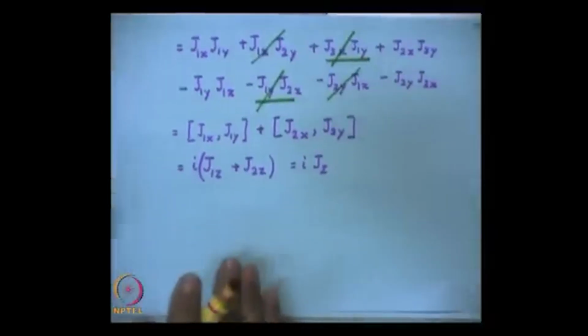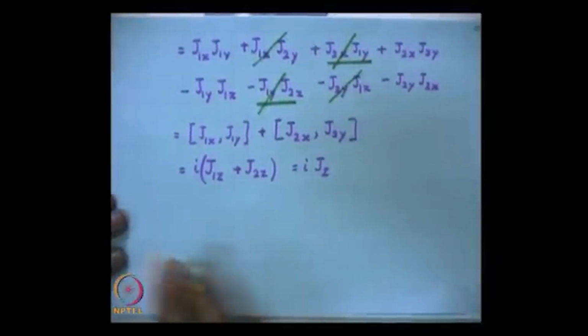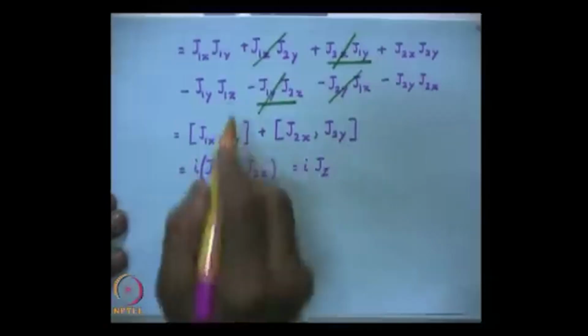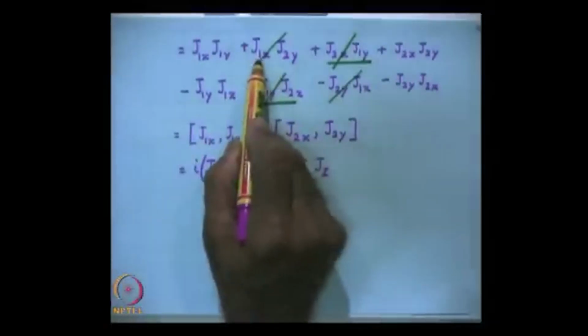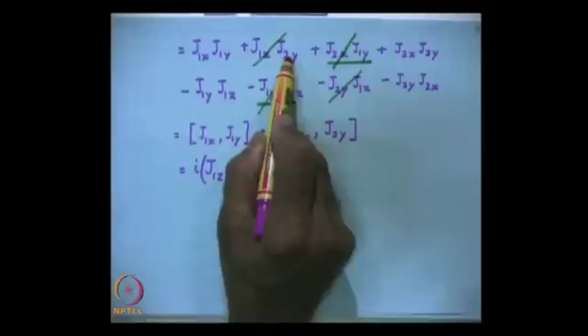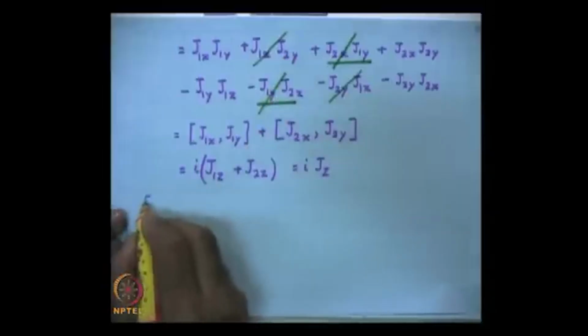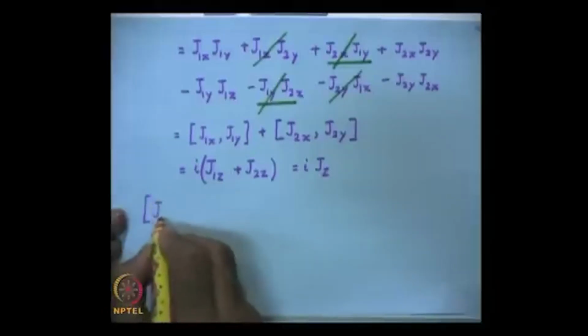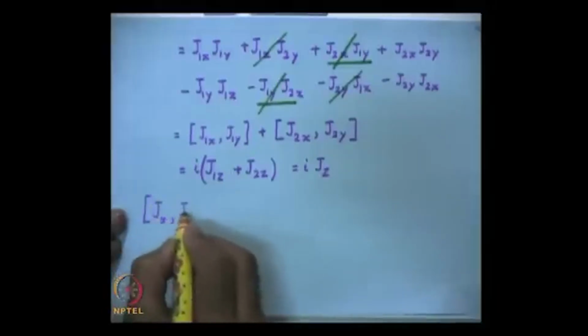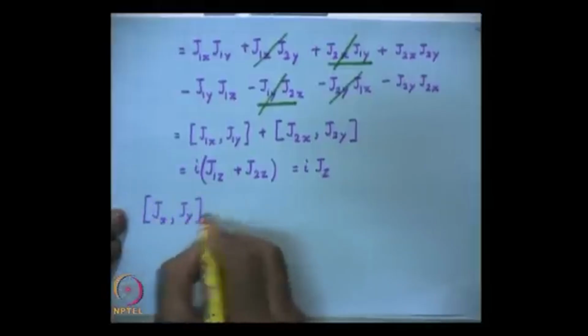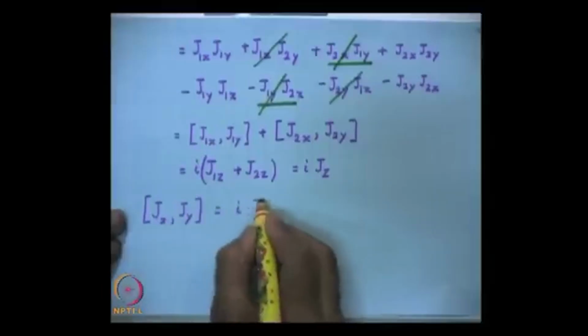So, I have proved that if the components of J1 commute with components of J2, then [Jx, Jy] is equal to i Jz.